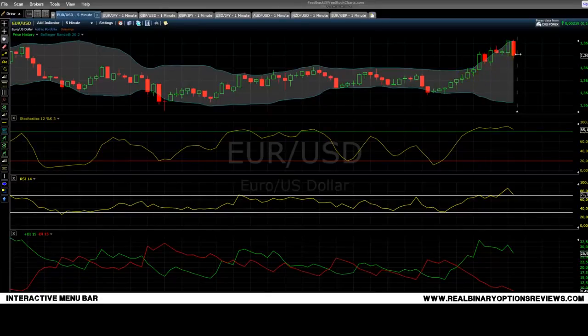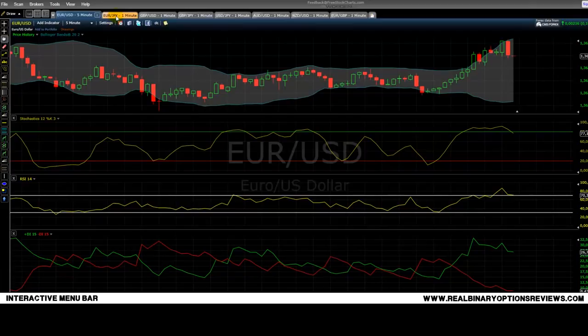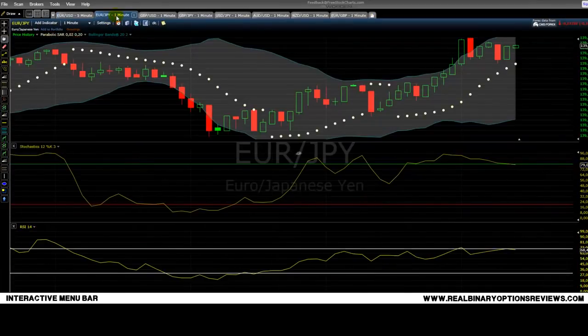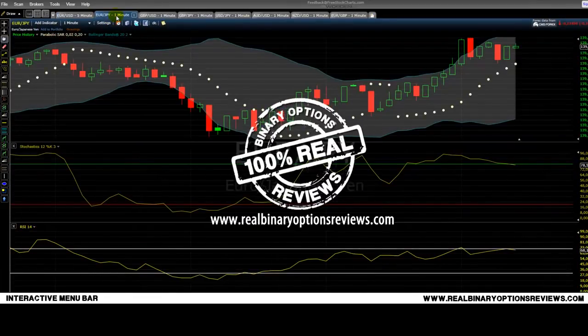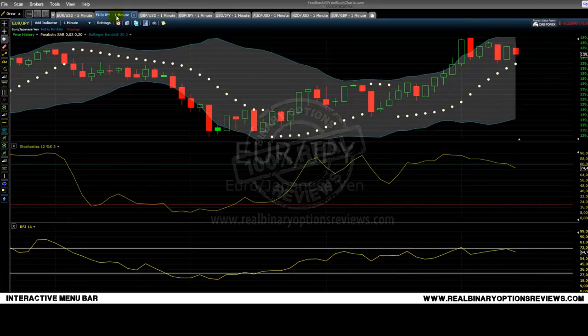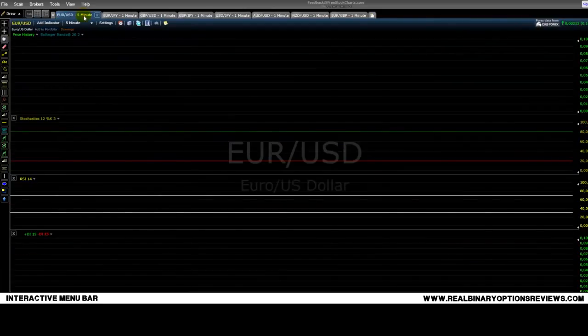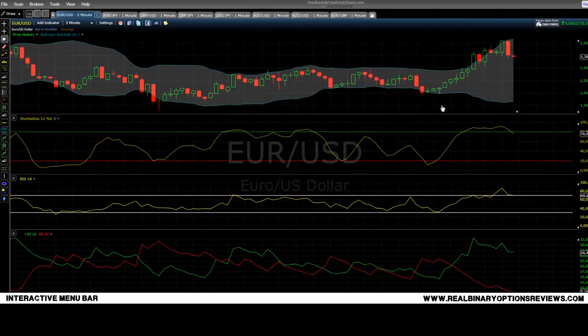So here we are in the trending market, and let's see if we can make use of the directional movement indicator. So here we are in the trending market, and it is not advised to trade strategies that are used in ranging markets when we are having trends.